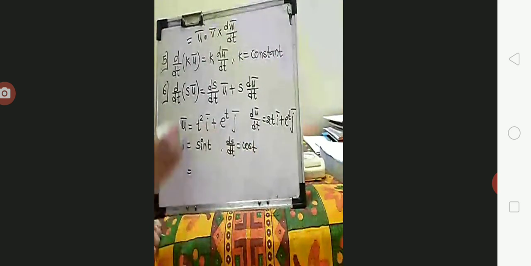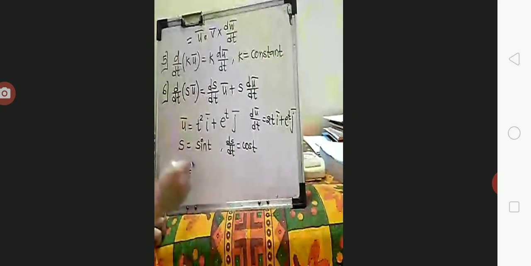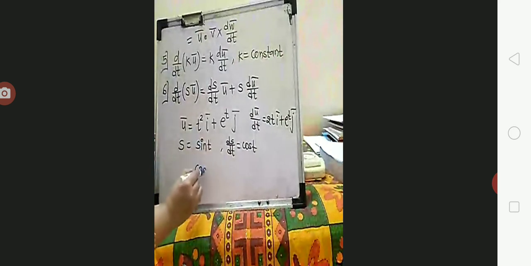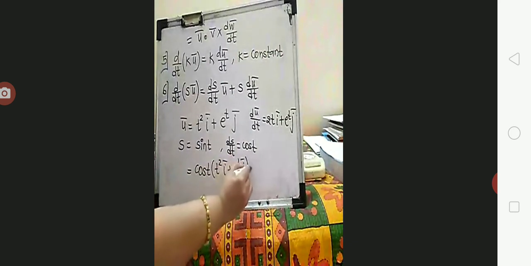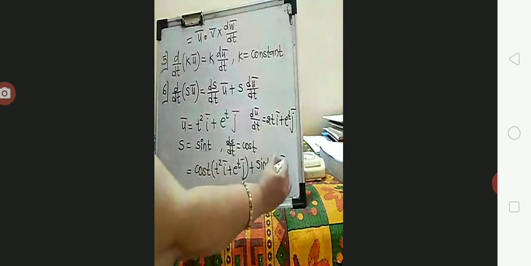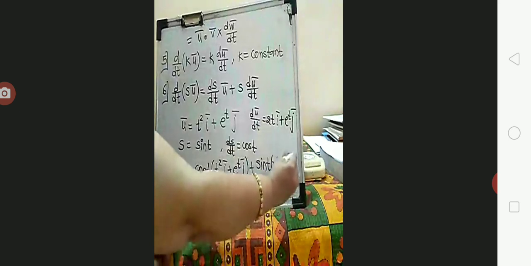So what is the answer? Instead of doing that product, what you can do is use this. So it is cos t times u bar, which is t square i bar plus e raised to t k bar, plus s times, that is sin t times, you just multiply this, 2t i bar plus e raised to t k bar.